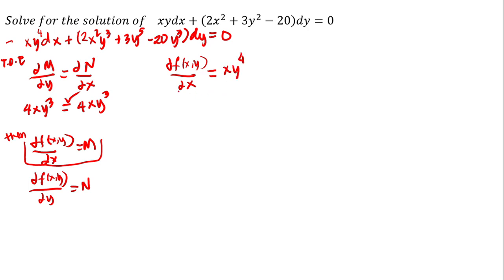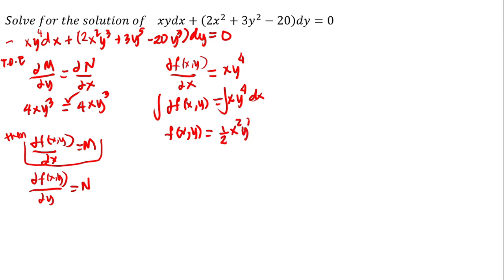So we cross multiply this dx, we have d of f of xy equals xy to the 4 dx. Then we can now integrate both sides. We have our f of xy equals 1/2 x squared y to the 4th plus g of y.